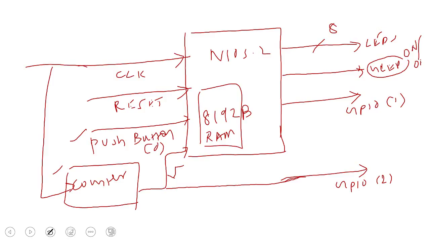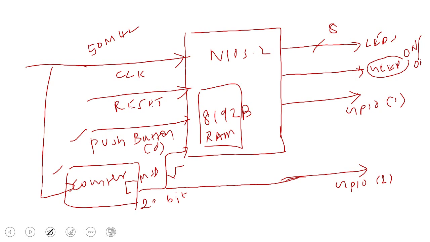Now the counter input is the clock, which is of 50 megahertz. And they have told us to make a 20-bit counter and connect the most significant bit of this counter to this Nios input.